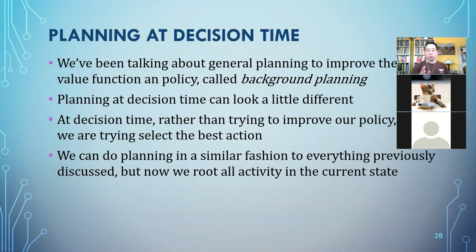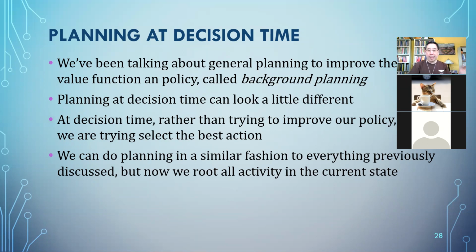Okay. So if we do this, we can do all the kinds of planning that we've just talked about the last few minutes, except now, instead of randomly picking start points or whatever, we're going to root all of our activity in the current state. To be honest, this is what I think of when I think of writing an artificial intelligence for playing chess.